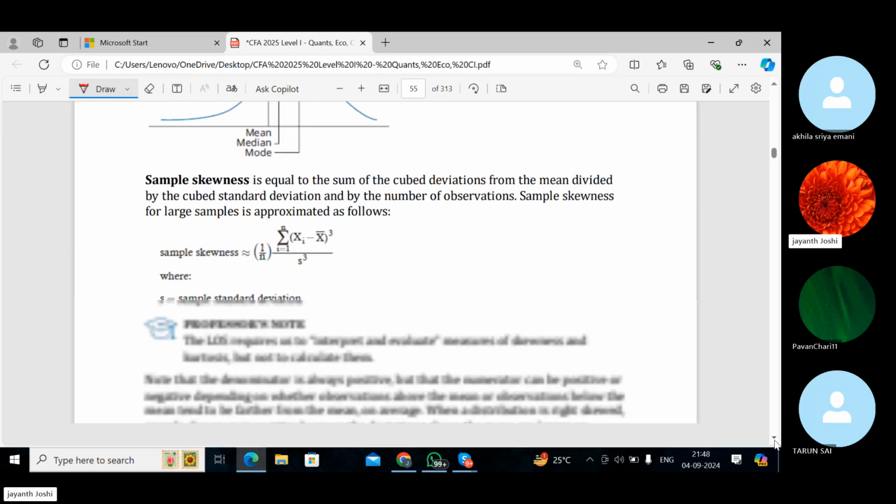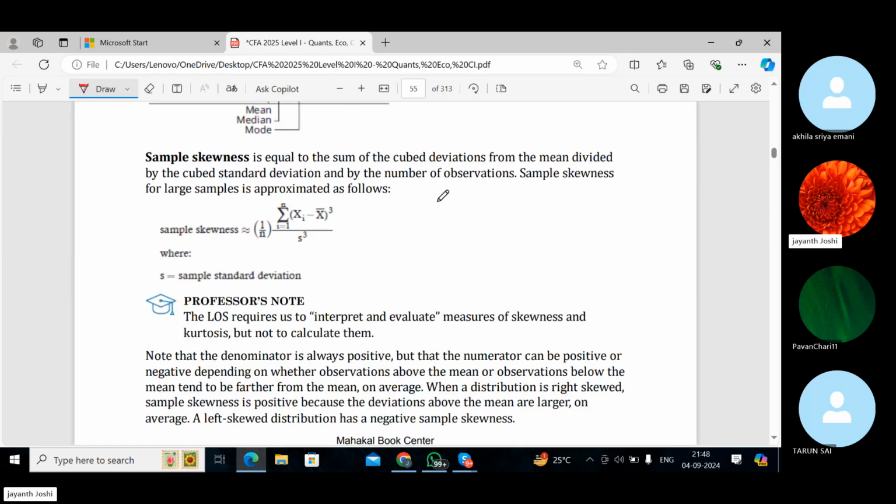And I will tell you one thing: the first moment shows the shape, and also tells you about the answers for each and every data. Second moment, third moment, fourth moment.